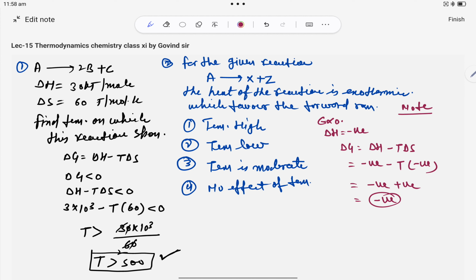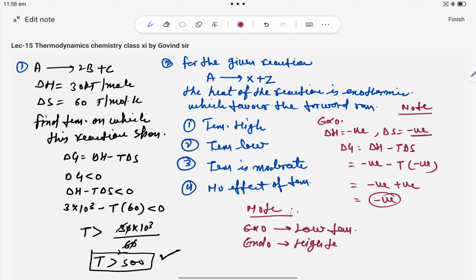Energy released, so delta S also negative. So note, remember, exothermic means low temperature, endothermic means high temperature, remember always. So exothermic means low temperature. The second option will be correct.